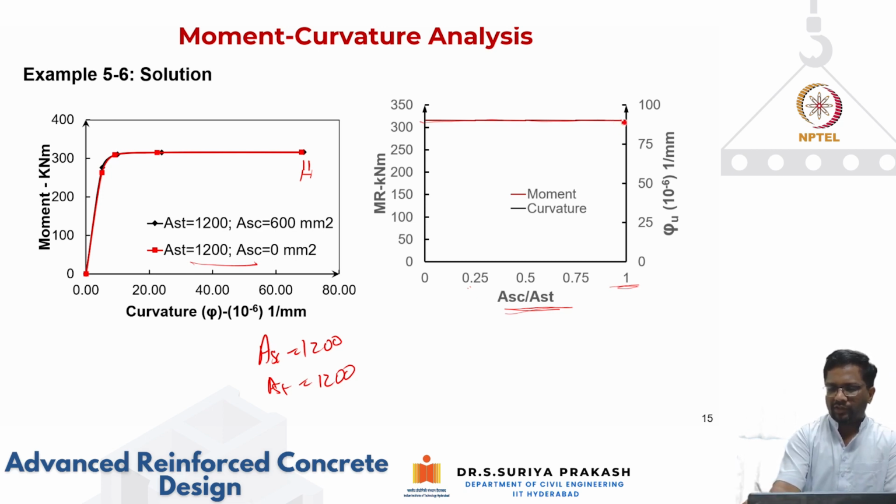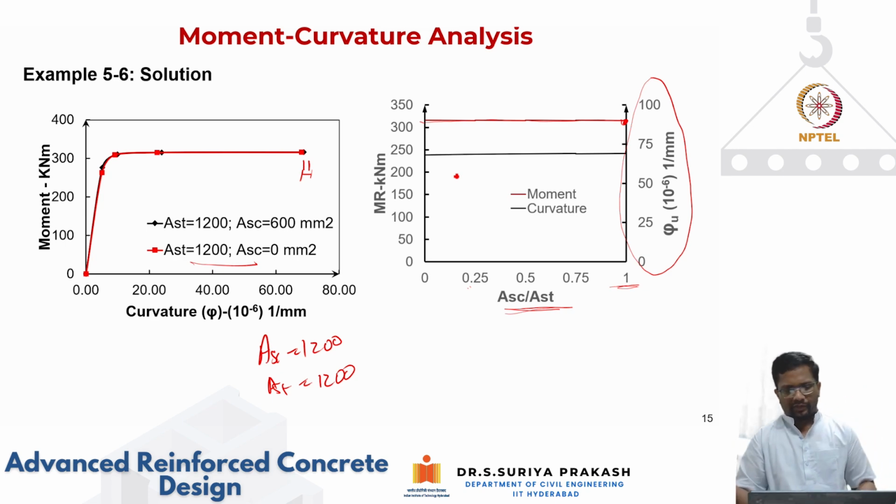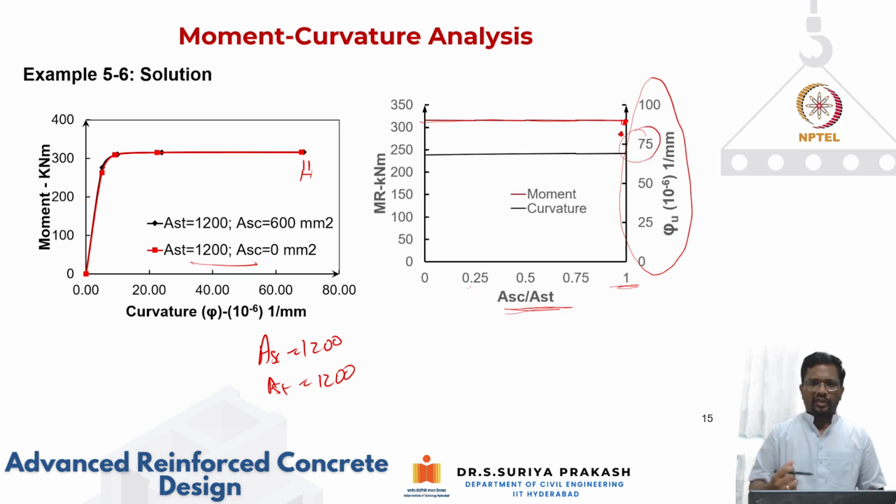The moment resistance is still going to be 316 kilonewton meter. Now let us see what happens to curvature. Curvature we are plotting on the secondary axis here. You see here, curvature is expected to have a slight increase, but it's not really increasing much. If I zoom the scale, the curvature is going to be slightly higher.